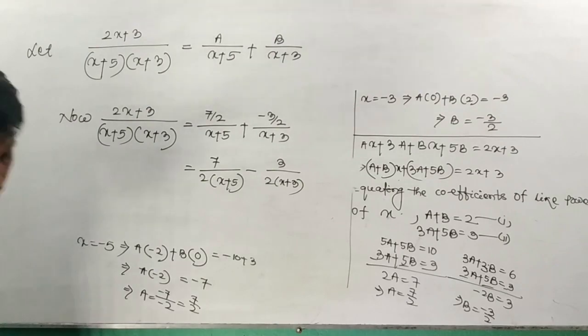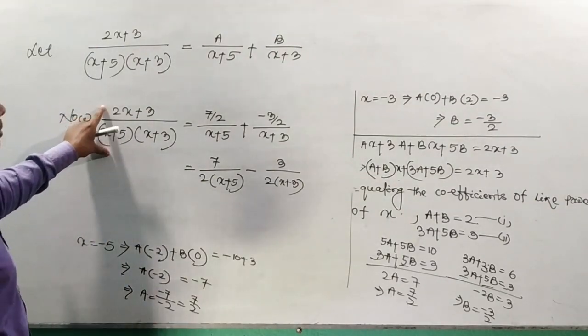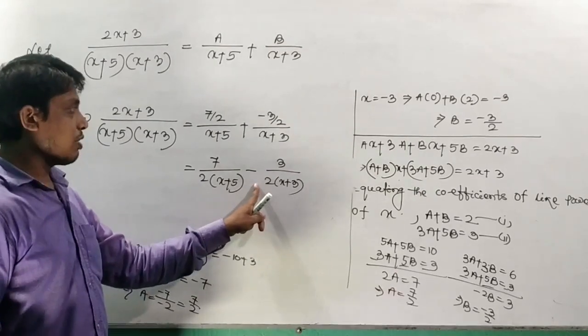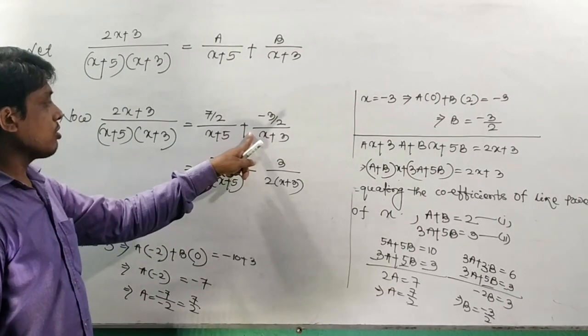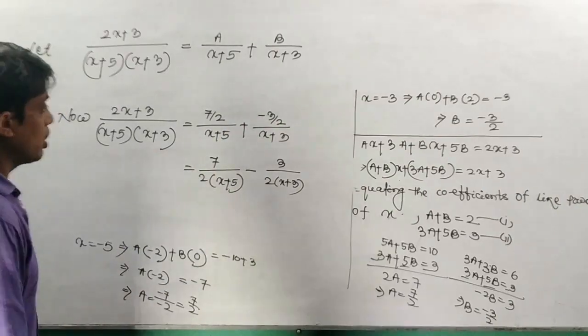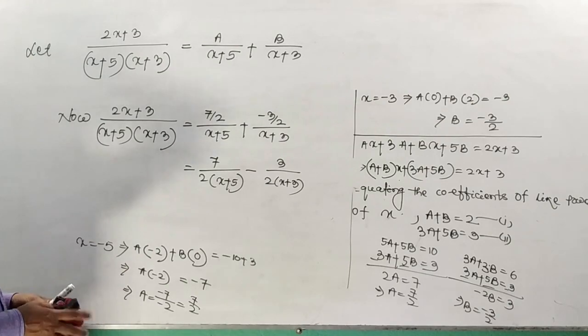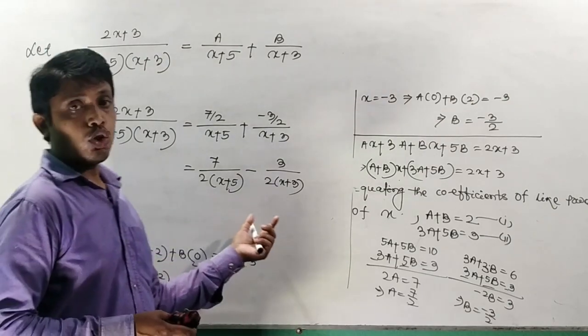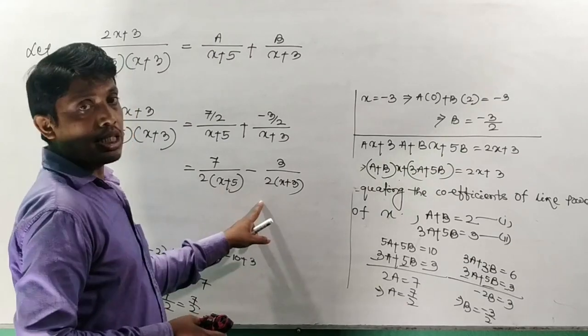Now this rational form can be expressed as the subtraction, or we can say the addition, of two fractions. This procedure is called partial fraction. After partial fraction, we can integrate this easily.